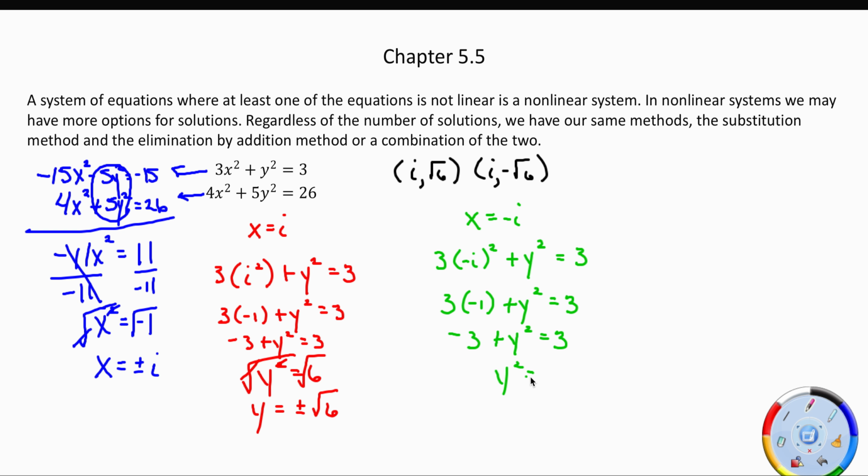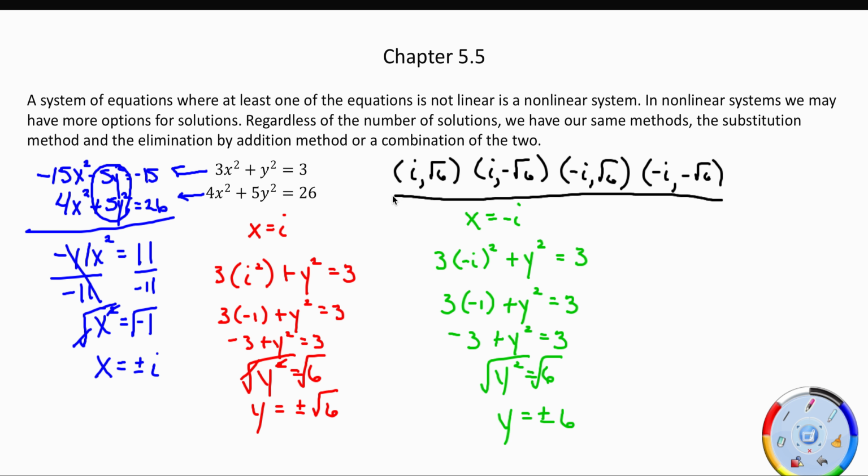So y squared equals 6. So y is plus or minus the square root of 6. So I have 2 more solutions: negative i square root of 6 and negative i negative square root of 6. And I did get 4 solutions for this system.